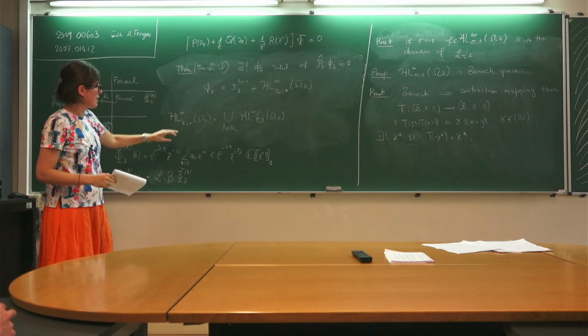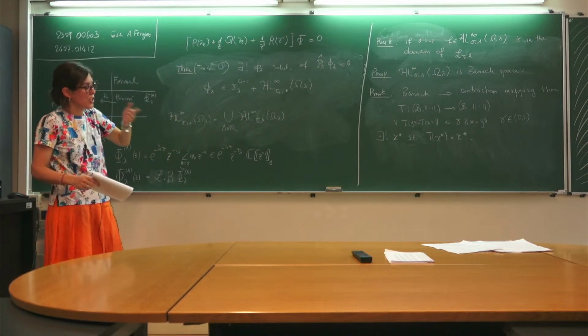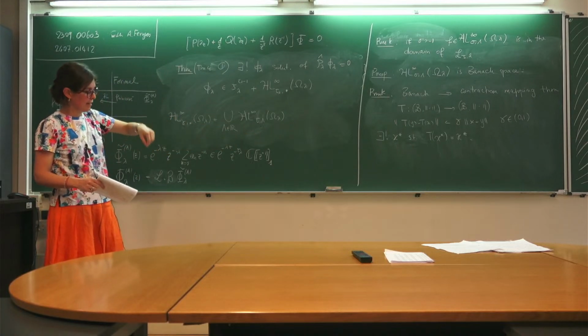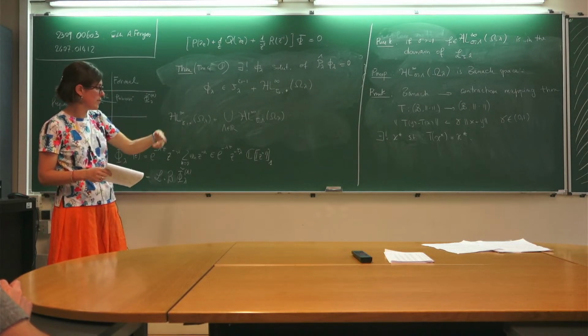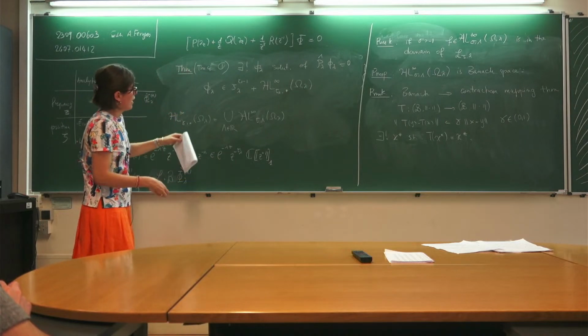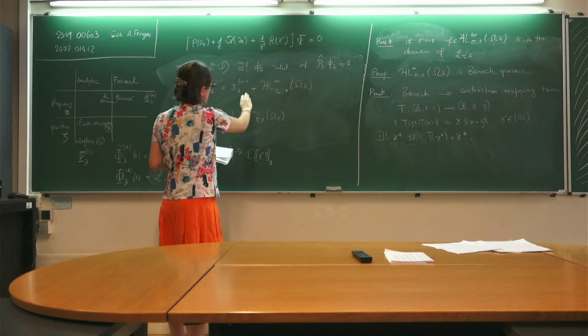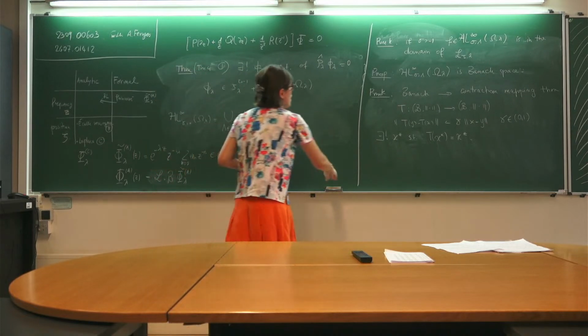You really have to think that these two labels, sigma and lambda, tell you how singular you can be at the point lambda, and how fast you can grow at infinity. But okay, the point is the solution will be in some space of this form.